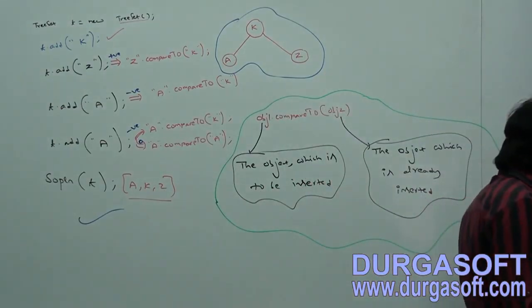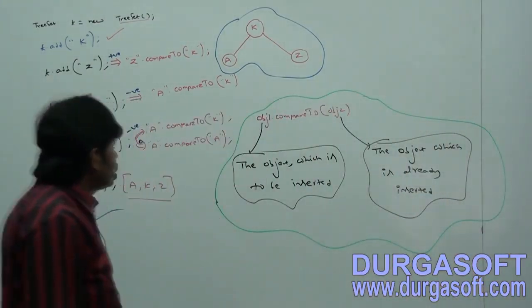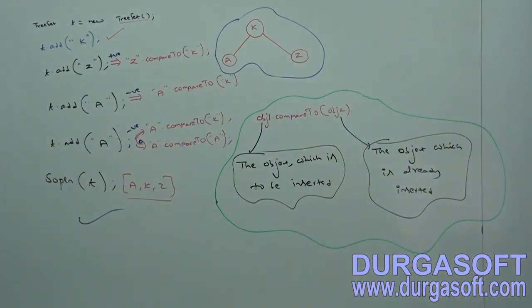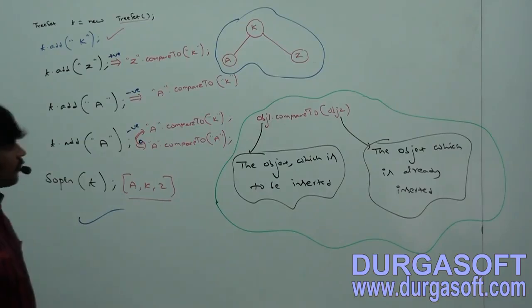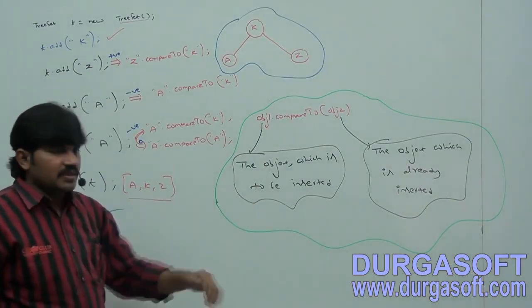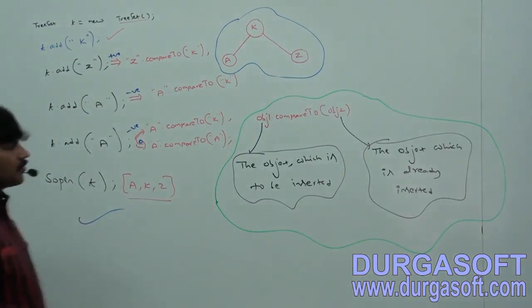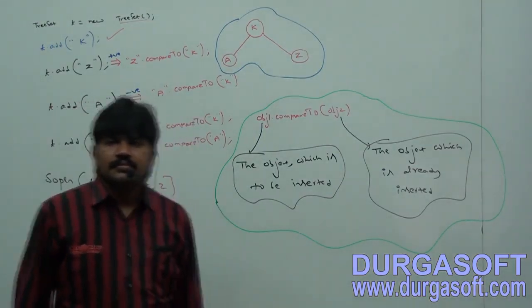Take clearly. So here the terminology is also very important. obj1.compareTo(obj2). Next, obj1 means the object which is to be inserted, which we are trying to insert. obj2 means the object which is already inserted.